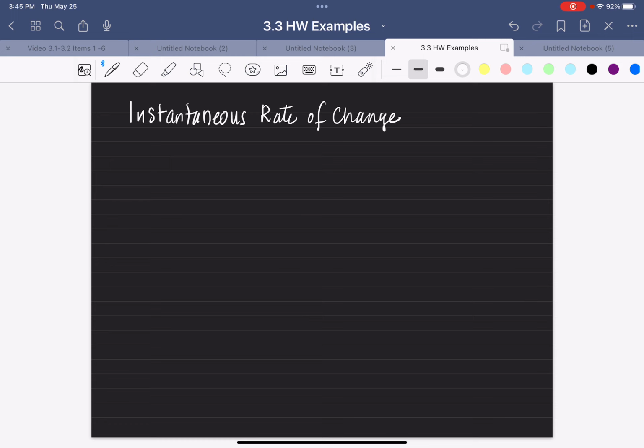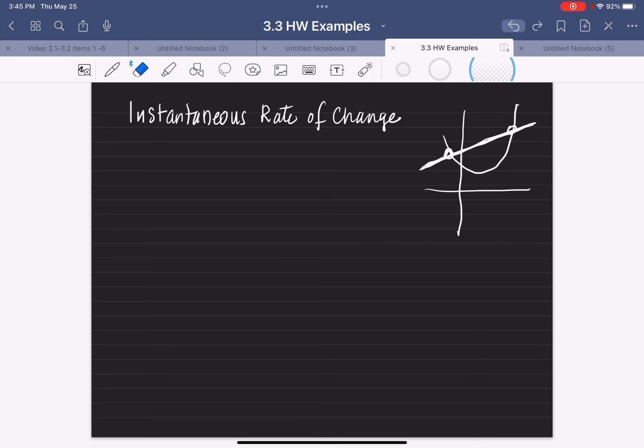But remember, when we did average rate of change, all we were doing is finding the slope between 2 points on a curve. So it's just a line, and it's between any 2 points. But on instantaneous rate of change, I might just want to know the slope right here at this original point.